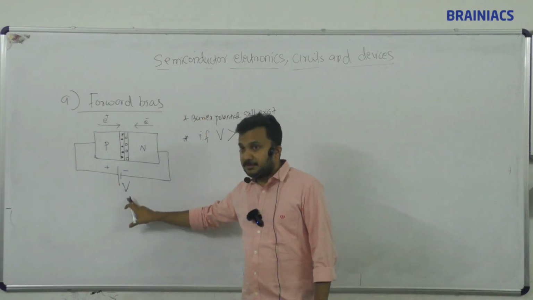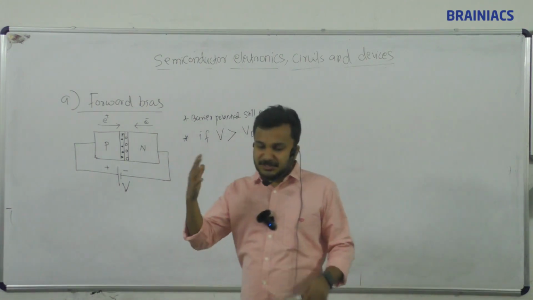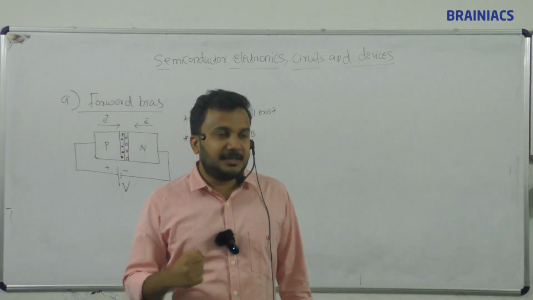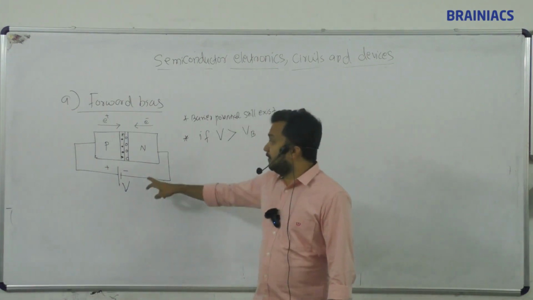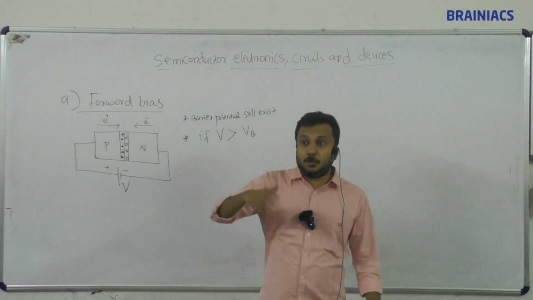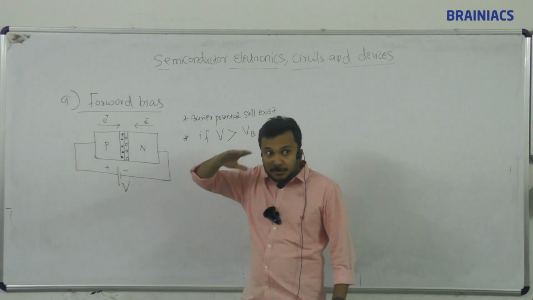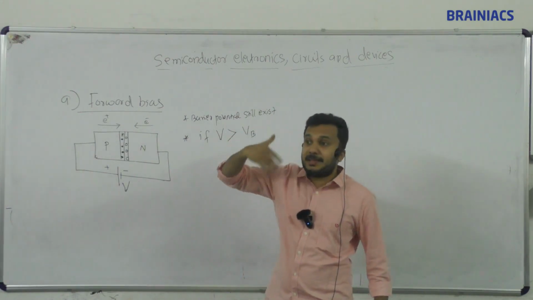So if I am giving a higher voltage than the barrier potential, what will happen? Barrier means obstacle. Something is preventing me. If I am giving a voltage which is higher than the obstacle, I can overcome the obstacle. This is a barrier. I have to give extra voltage.